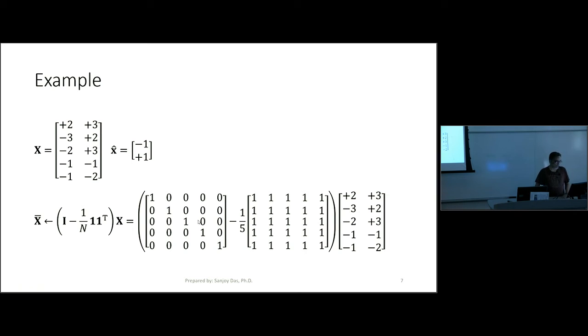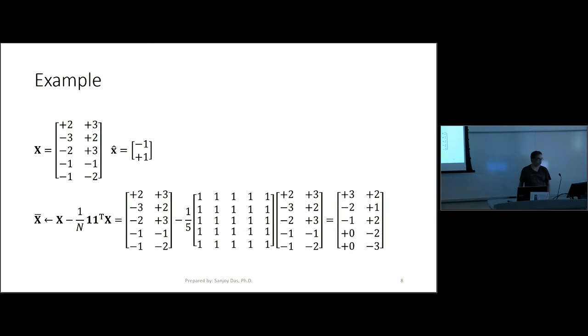What will happen if I multiply the identity matrix with the data matrix? I'll still get the data matrix, right? So identity matrix times X will be X, minus 1 over 5 of this. And this gives us X bar.